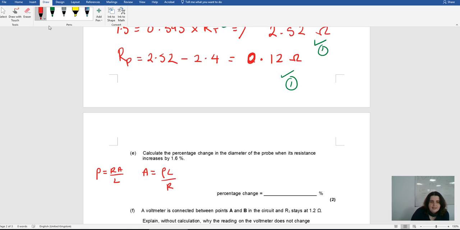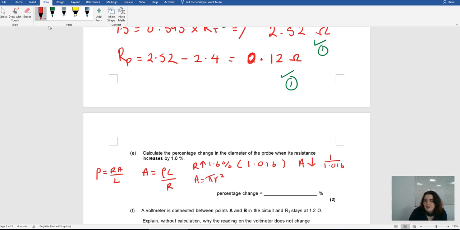So what's going to happen here is that if my resistance is increasing by 1.6%, which is 1.016, my area will decrease by a factor of 1 over 1.016. And my area equals pi r squared.